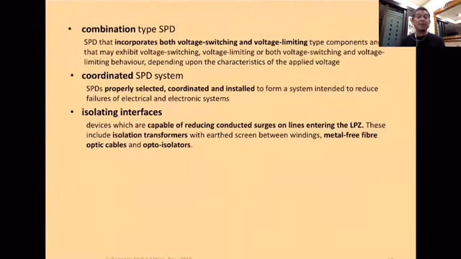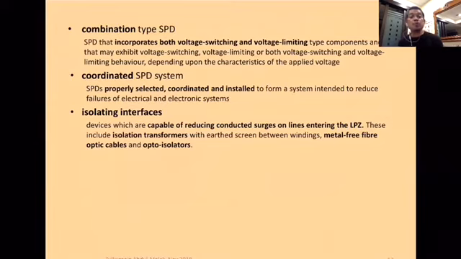Combination type SPD means we can combine these two types of SPD, the voltage limiting and voltage switching. The coordinated SPD system means we have many zones, so we coordinate. The first zone may be the higher current or the slower, the 10/350. The second zone is 8/20 and so on.